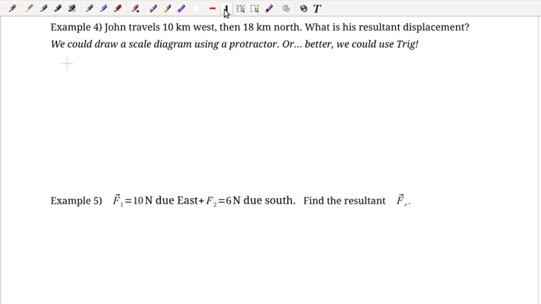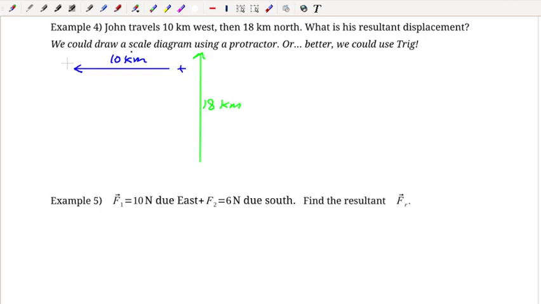So what I'm adding here, I'm first going to just draw these, is 10 kilometers west. So 10 kilometers to the west would look something like that. And I want to add to that, I like switching colors just so I can keep track of things, 18 kilometers north. So I'm going to draw in, should be longer than my 10 kilometers, but it doesn't matter if I've got things exactly to scale.